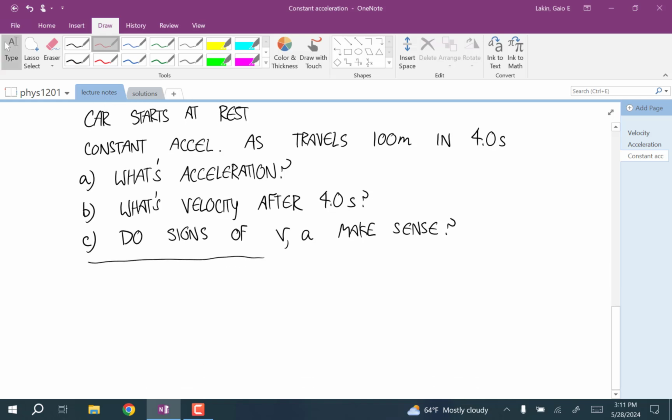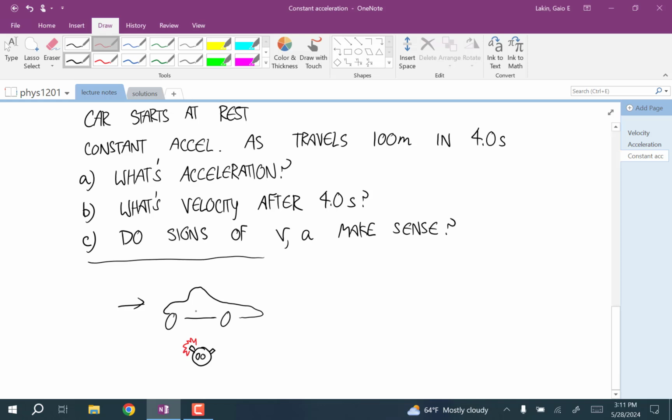Okay, so I'm going to draw a little picture of what's going on. Here's the car going this way. This is the instant when we turn the stopwatch on. So this is our 0 time.